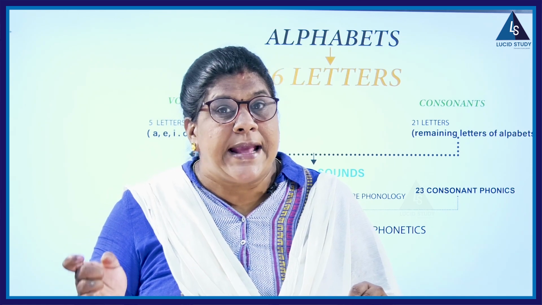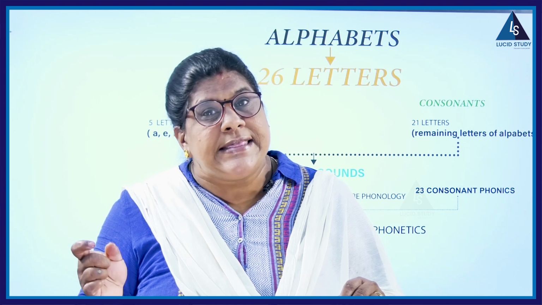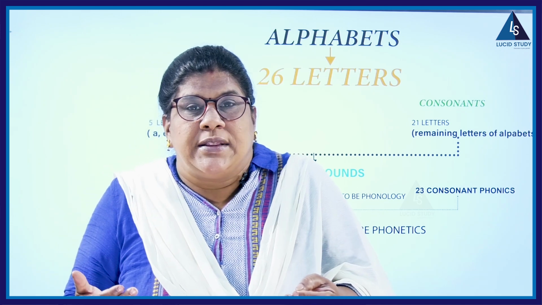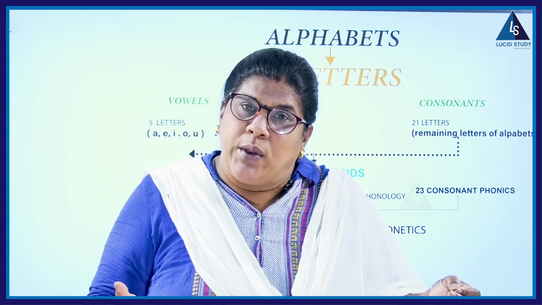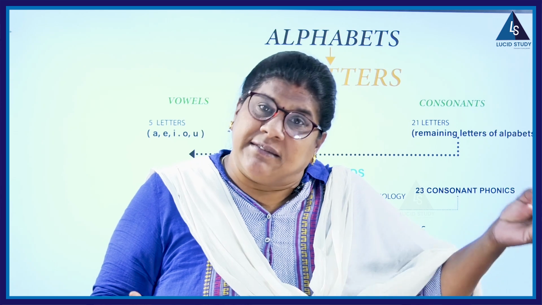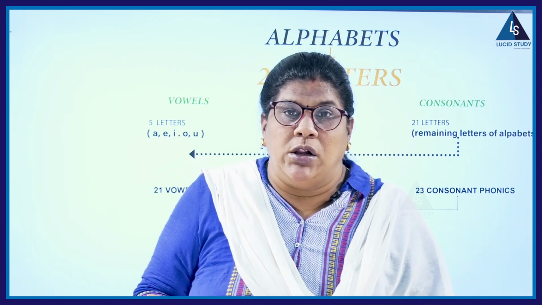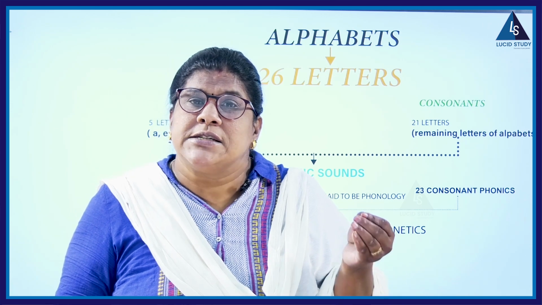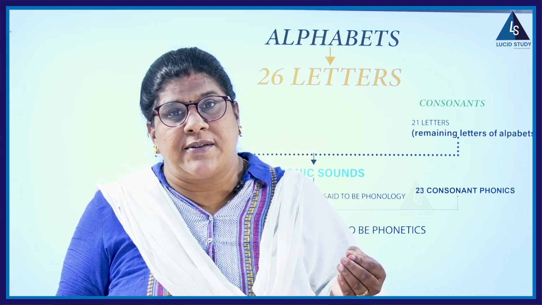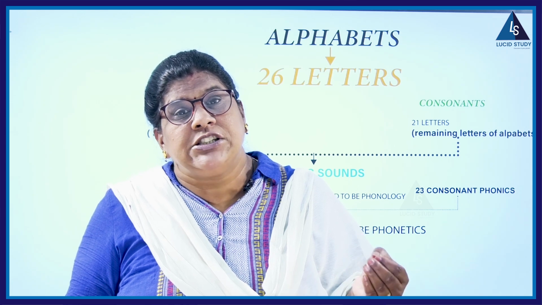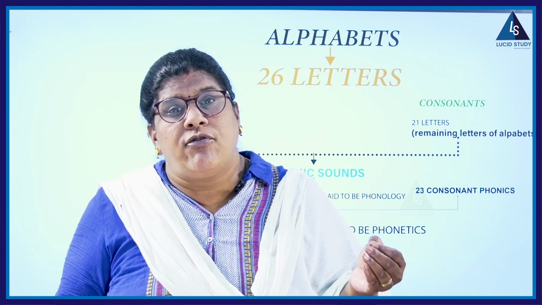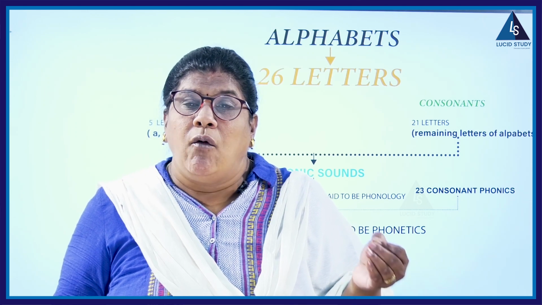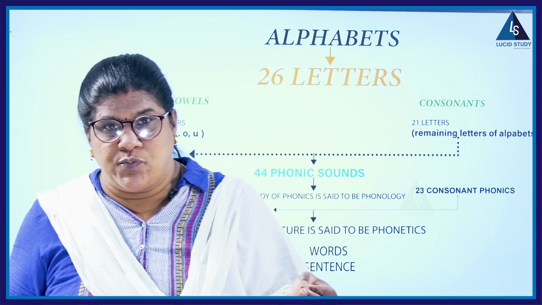And these letters, when you pronounce them, will give different sounds when they are blended with different letters. Those sounds are called phonic sounds. In the English language, there are 44 phonic sounds.